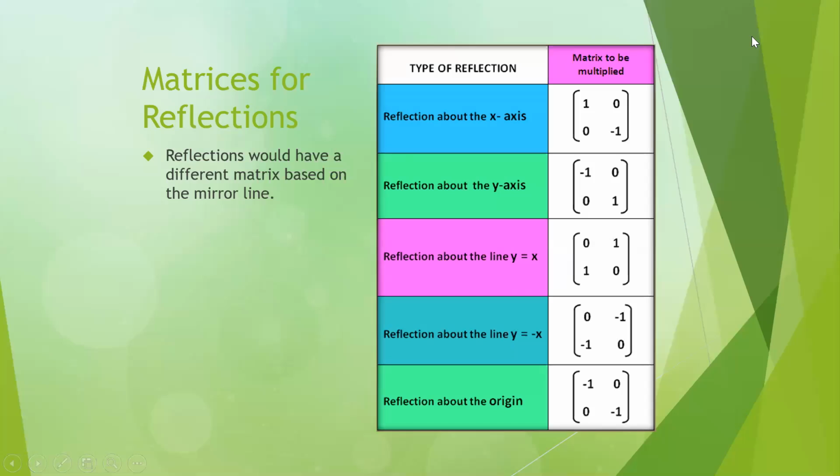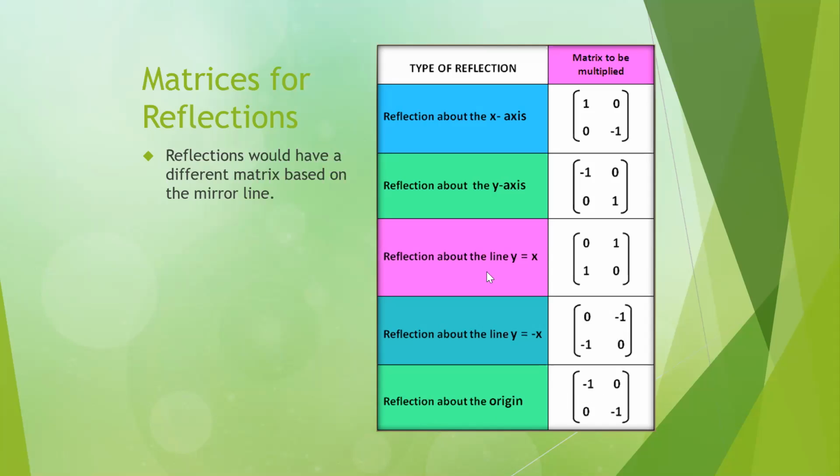So these are the different matrices for your different reflections based on the mirror line that they tell you. If you have a reflection about the x-axis, this is the matrix that you will be using. If you have a reflection about the y-axis, this is the matrix that you will be using, and so on. Y equals x, that's it. Y equals negative x, that's it. Or a reflection about the origin, this will be it.